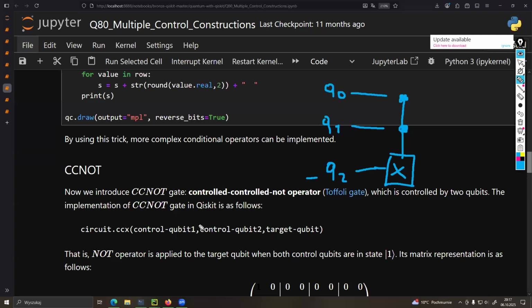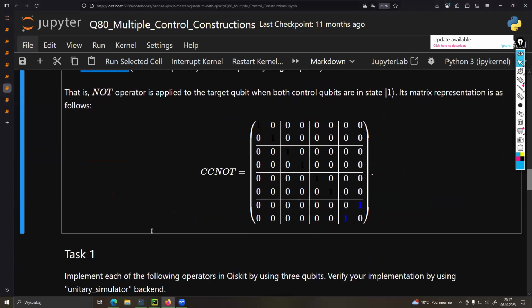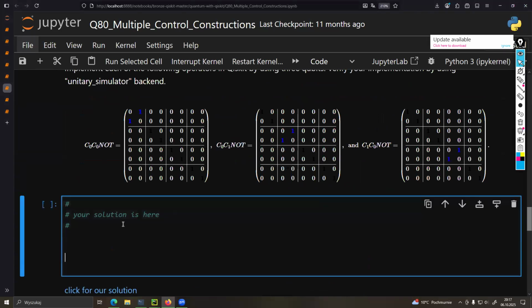So here we have a control qubit 1, control qubit 2, and target qubit. This is a CCX. This is already defined on the circuit, so you don't need to do anything special. You really would like to just do something like this.